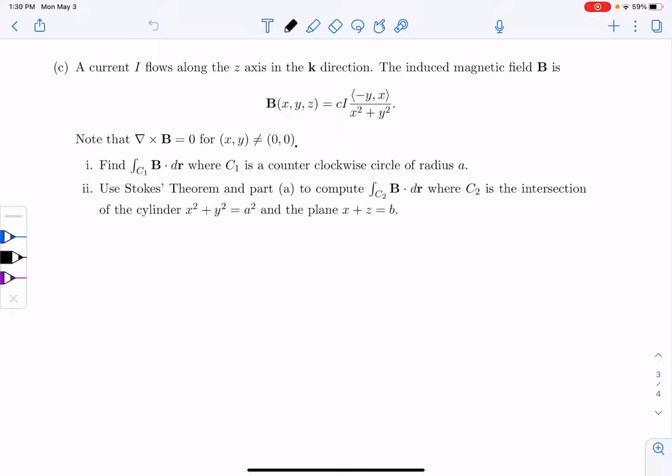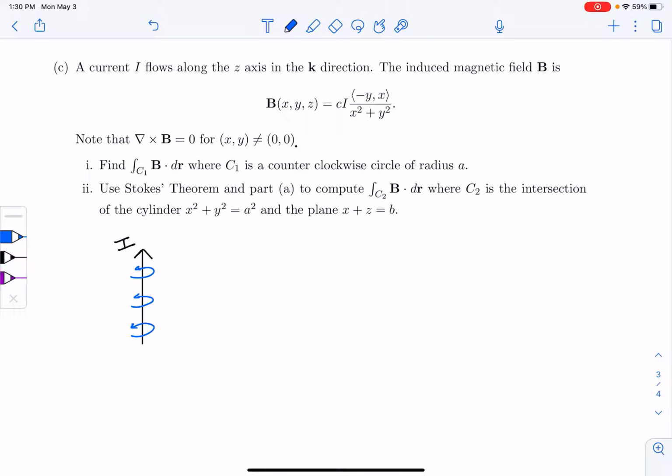Imagine that I have the current here, and the strength of that current is going to be I. What that does is that current flowing in that z direction induces a magnetic field. So it induces this magnetic field around it.